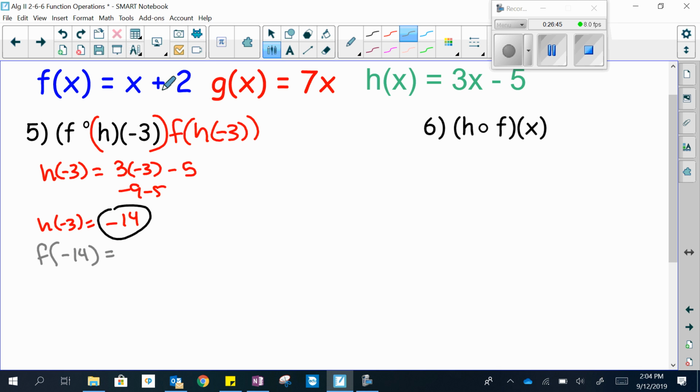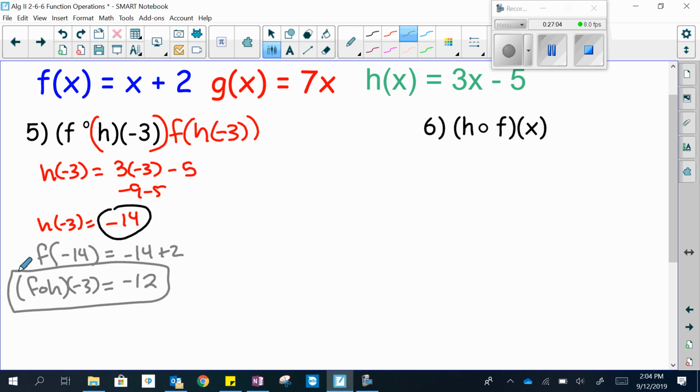So I got to go find the f function, and instead of x, I'm putting in that -14. And that equals -12. And this is when I can bring down that f of h of -3. So I want to show my full answer with my input of what I started with and then my output of what I ended with.